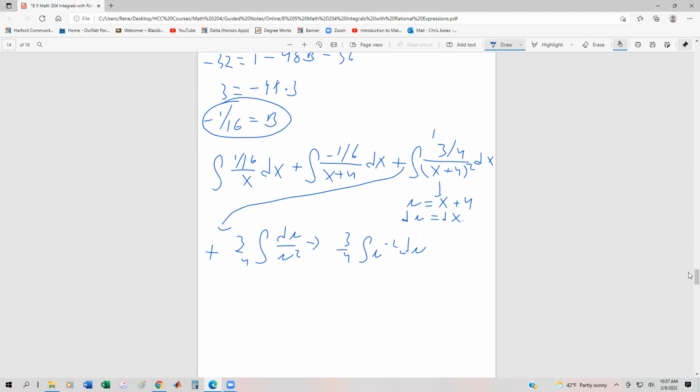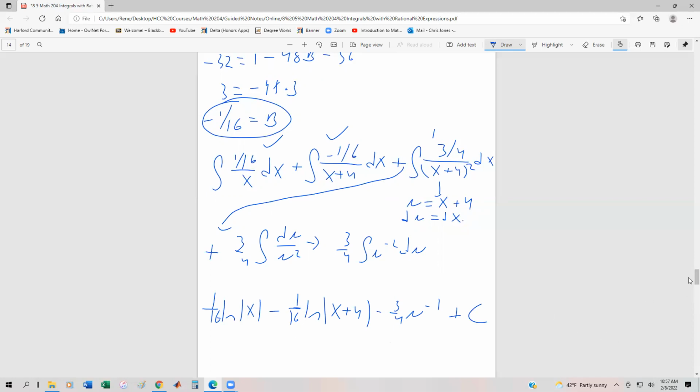Integrating this and this, that's going to be 1/16 natural log absolute x minus 1/16 natural log x plus 4. And finally, when we integrate this guy, it's going to be negative 3/4 u to the minus 1 plus c.